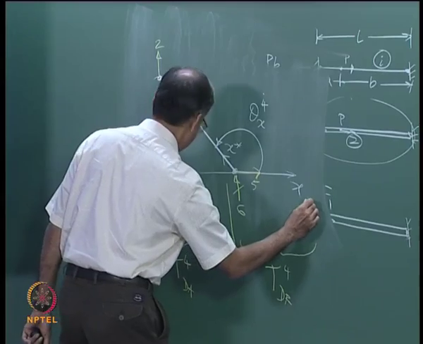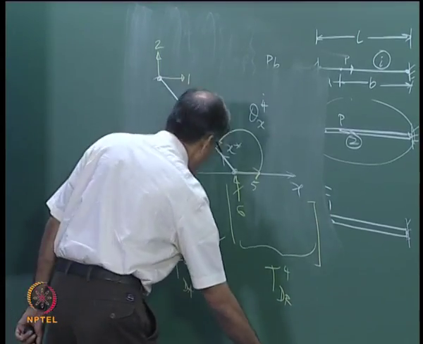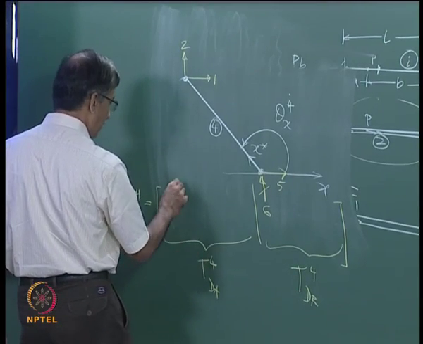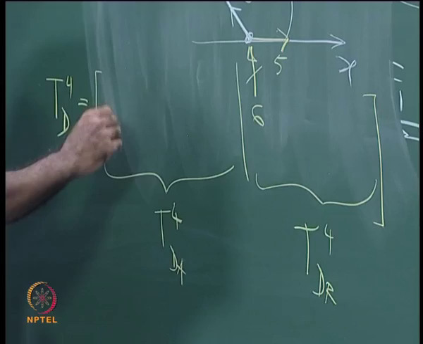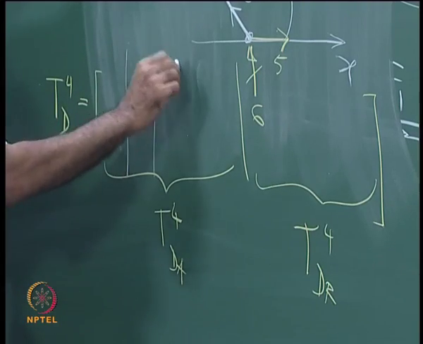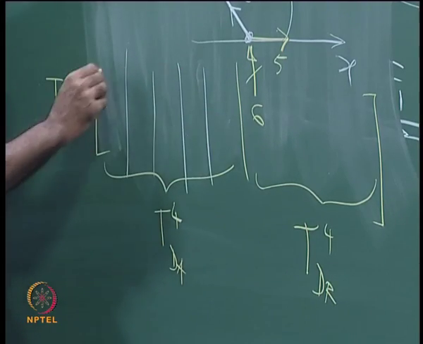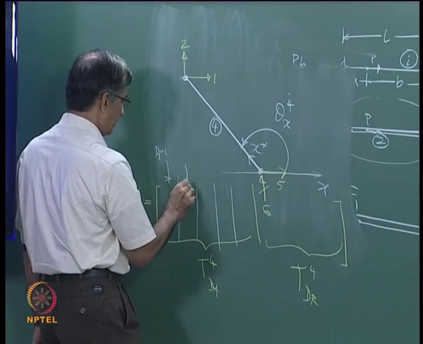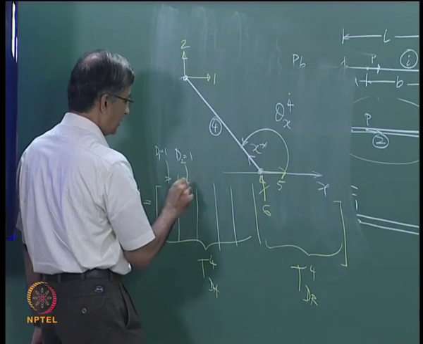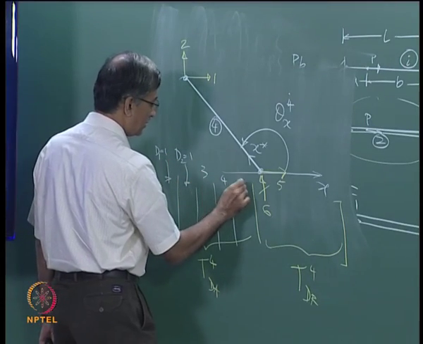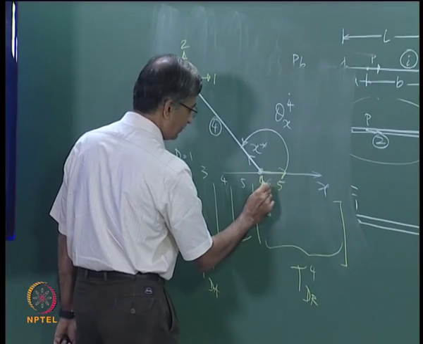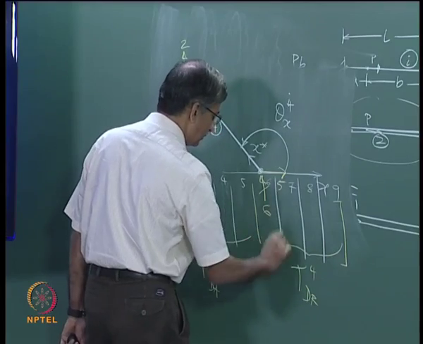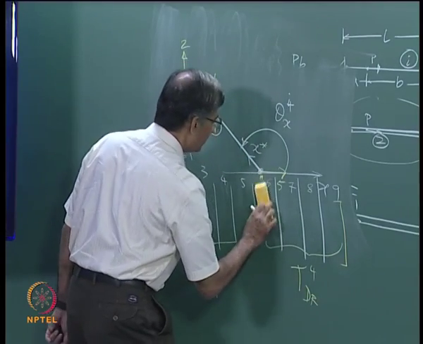Got it? Now, this has got 5 parts, am I right? So 1, 2, 3, 4, 5. So here I will fill up for D1, here D2, etc. So this is 3, this is 4, this is 5, this is 6, this is 7, this is 8, this is 9, right? Okay, if I may remove this.